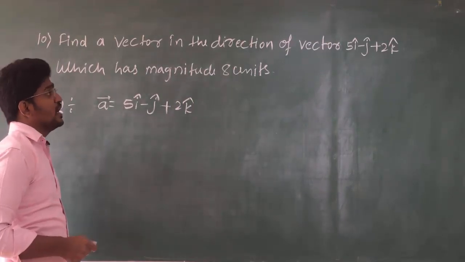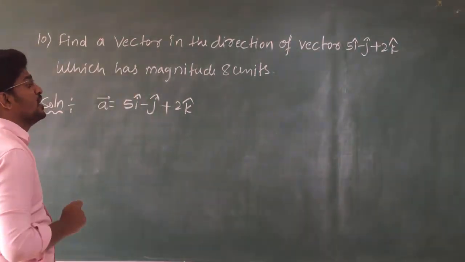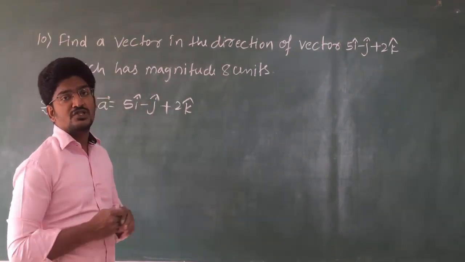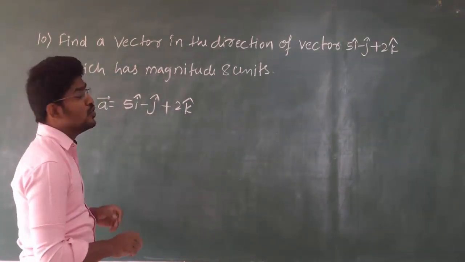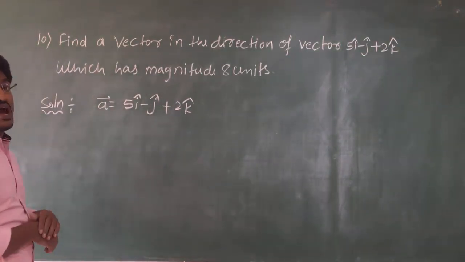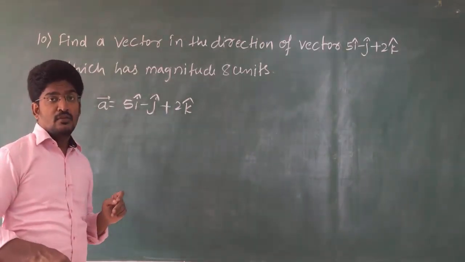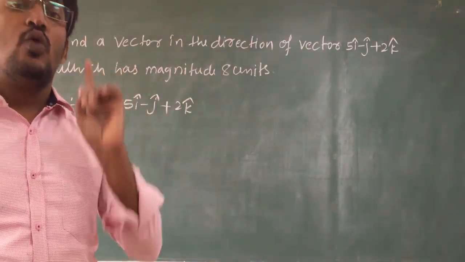Now they are asking to find a new vector in the direction of 5i cap minus j cap plus 2k cap. Clear? For this, first we have to calculate the unit vector of A, because the unit vector of A has magnitude 1 unit.